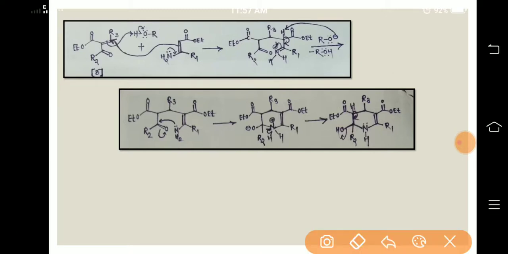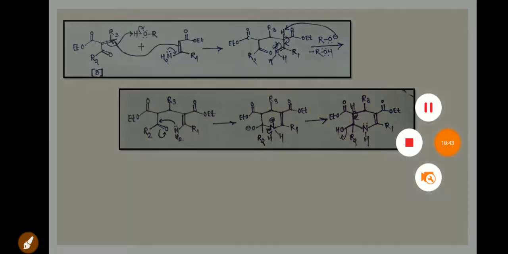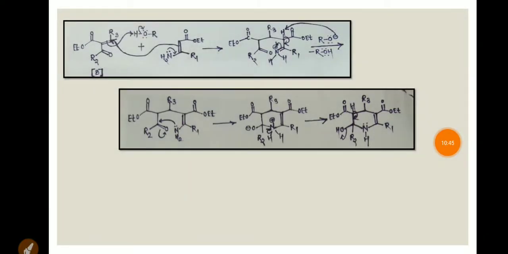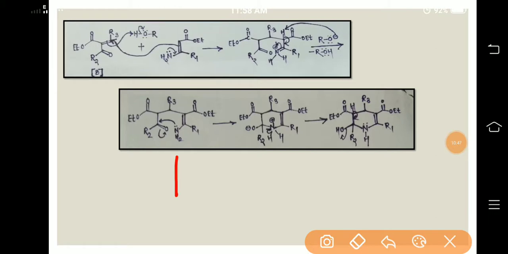Now in this fourth step, the lone pair of electrons which the nitrogen got back will attack at the carbonyl carbon, leading to the formation of a carbon-nitrogen bond, and the positive charge generated at the nitrogen will be stabilized by the abstraction of a proton by this oxyanion.